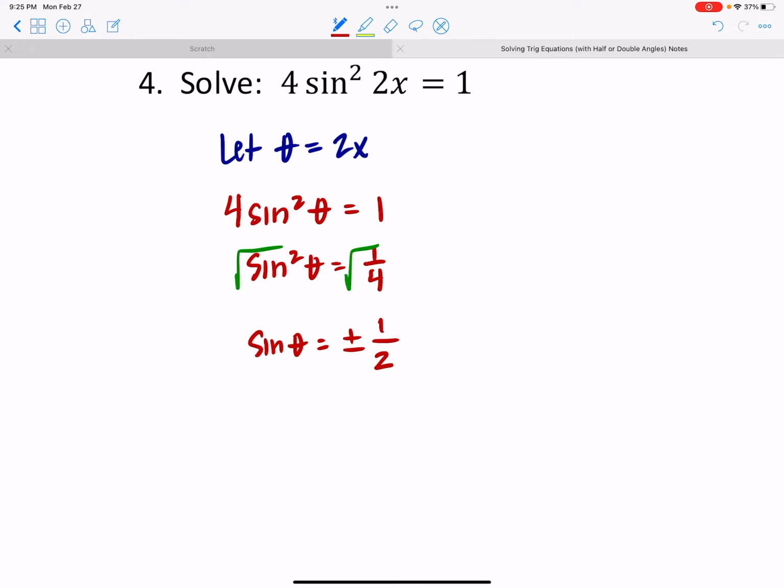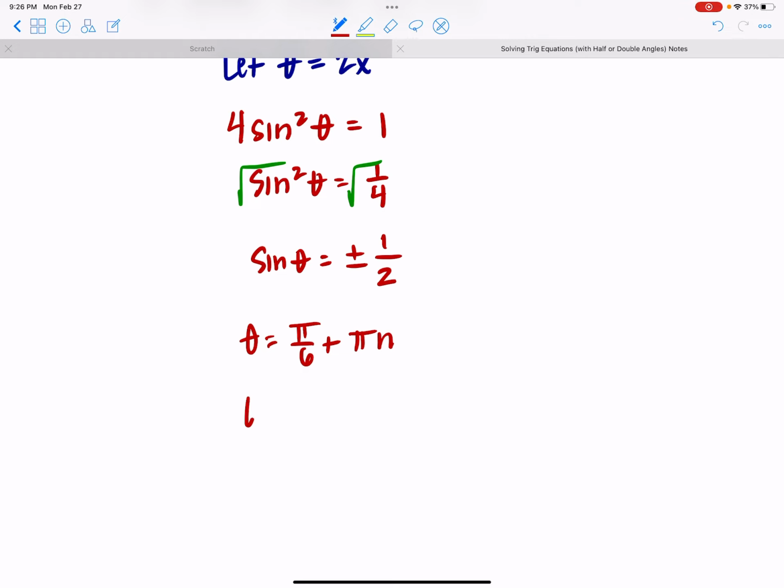So theta is going to equal pi over 6 plus pi n times, and theta is also going to equal 5 pi over 6 plus pi n times.